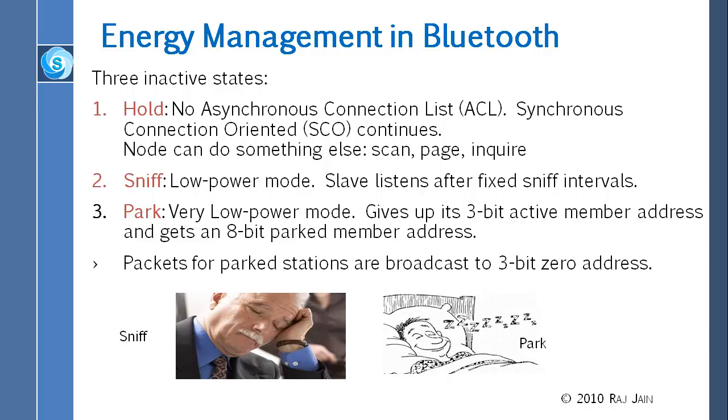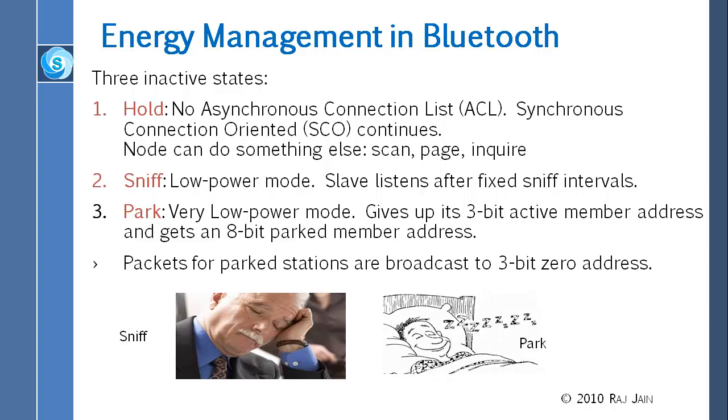Everybody, when they want to talk, talks to the master, right? The slaves don't talk to each other. So if you have a packet which is addressed to somebody who is parked, you will send it to the master, and in the packet there is a destination address of some kind, which could be 8-bit, or 3-bit if it is active, right?